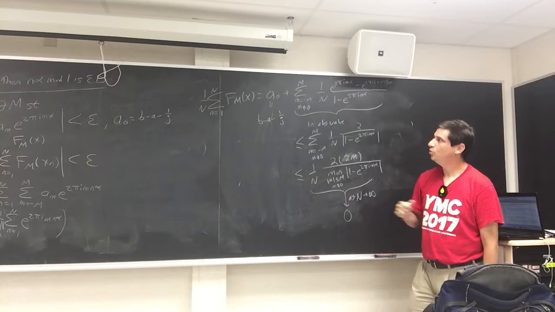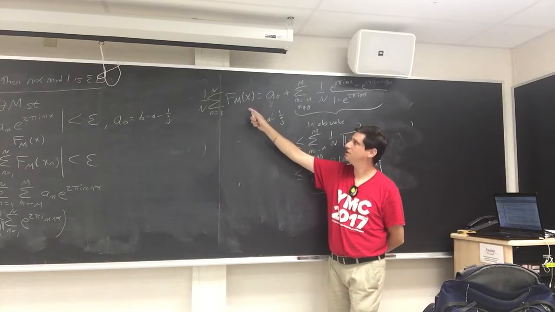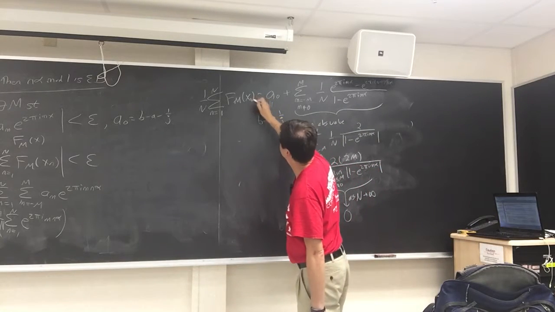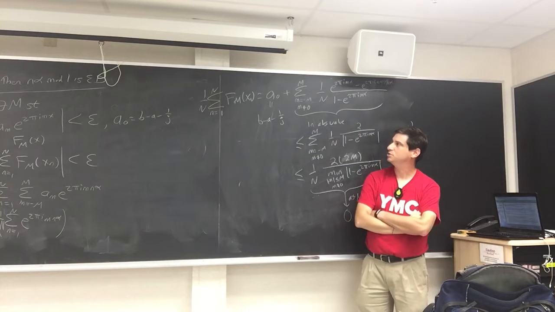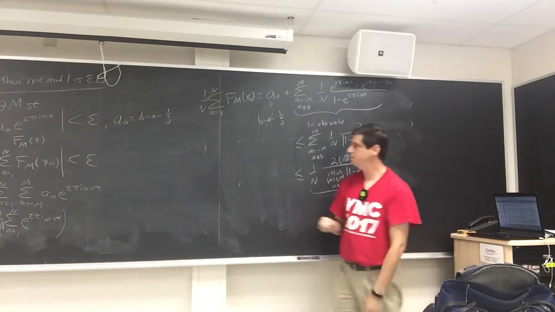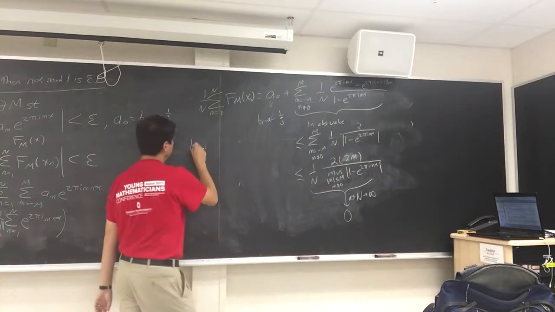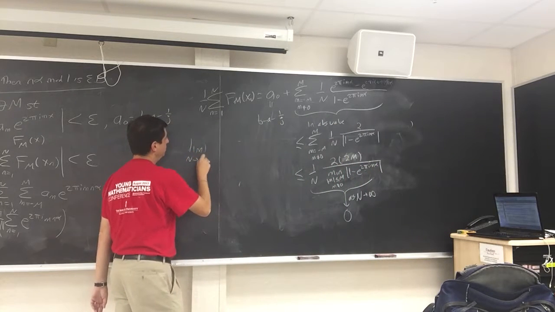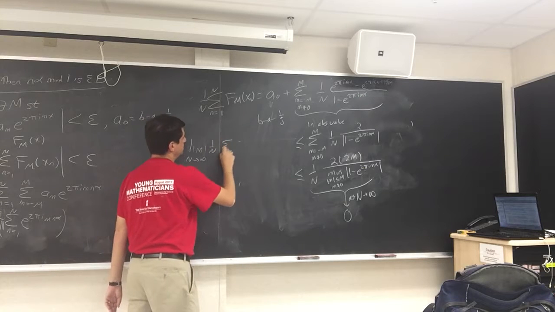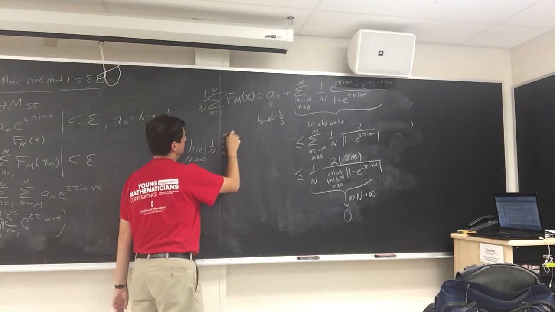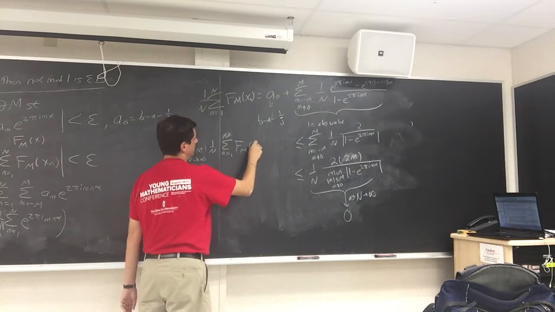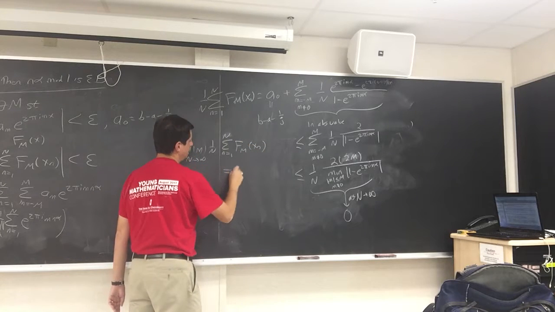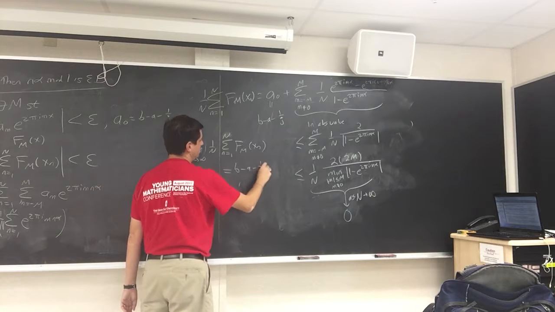So what did we show? We showed the sum of the Fourier approximation at the x_n is approximately b minus a minus 1 over j. In particular, we showed that if you take the limit as n goes to infinity of 1 over n, the sum from 1 to n of f_m of x_n, that is equal to b minus a minus 1 over j.